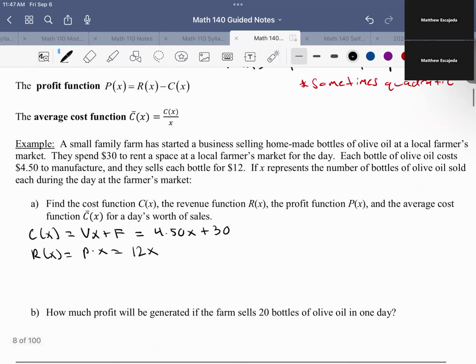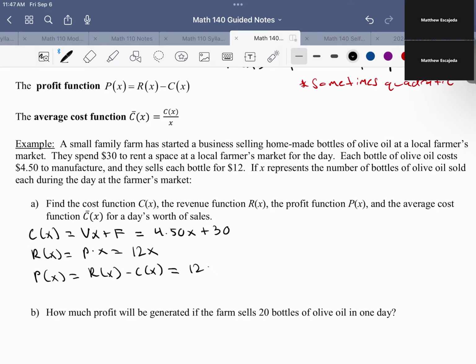Okay, now profit. Profit's always the easiest one because it's just going to be your revenue minus your cost, and we have both of those. So revenue is 12X and cost is 4.50X plus 30. It's important to put parentheses around here because we have to distribute the negative.